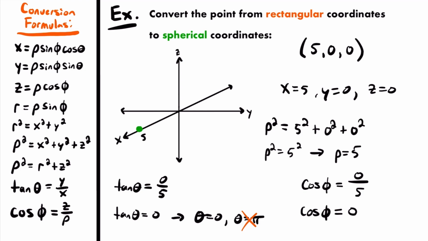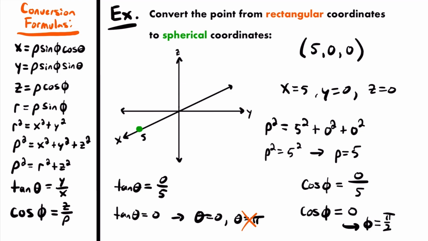However, remember from the lesson video on this topic that phi can never be greater than pi. All right, so it's not going to be 3 pi divided by 2. The only answer here is pi divided by 2. Okay, so phi must be equal to pi divided by 2. Yes, cosine would be equal to 0 at 3 pi divided by 2, but phi is not defined for angles bigger than pi. So we just stick with pi divided by 2.